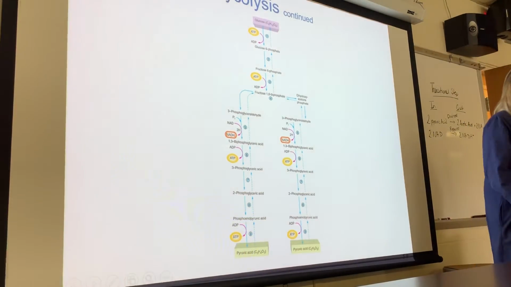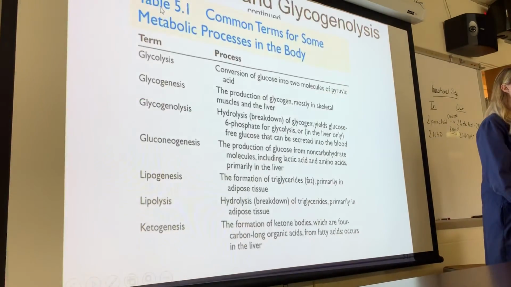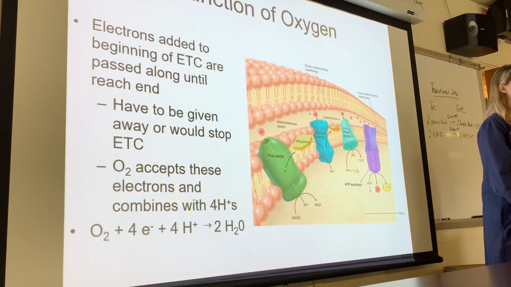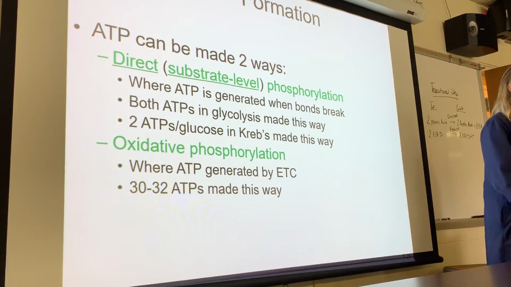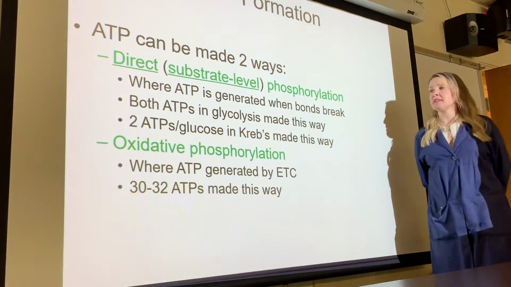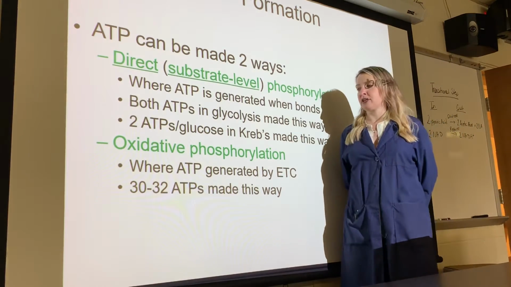Okay, so then the other way that we can make energy, and this is how we do it in electron transport and chemiosmosis, is through oxidative phosphorylation.